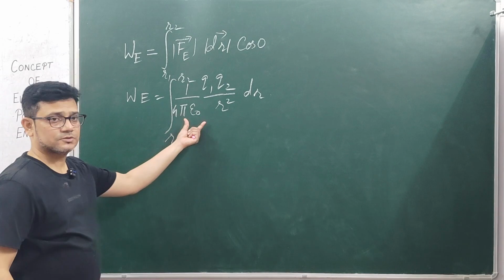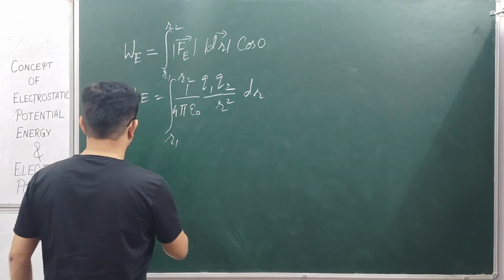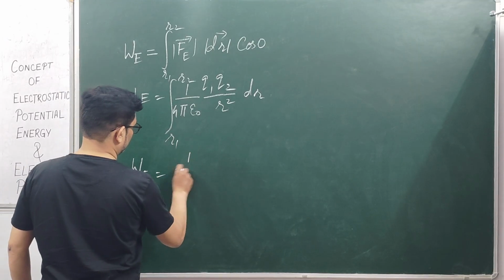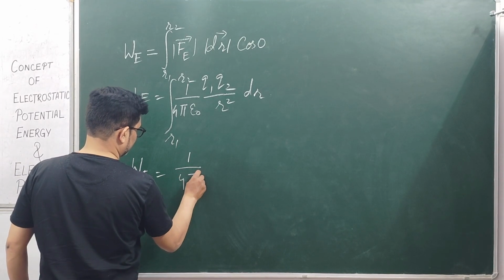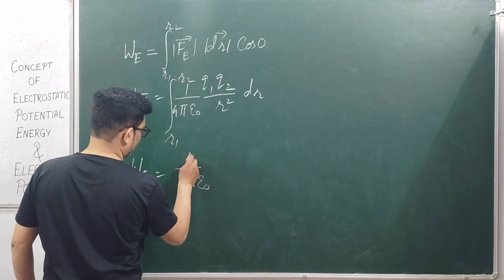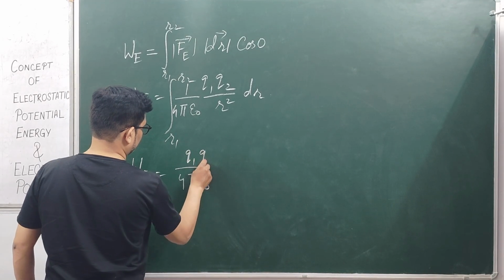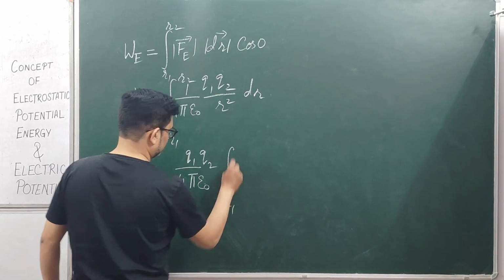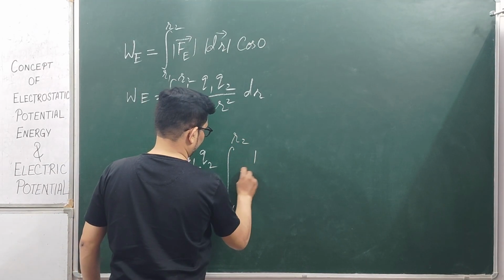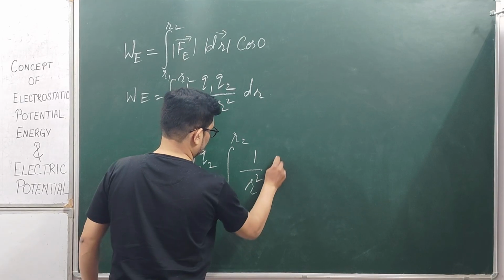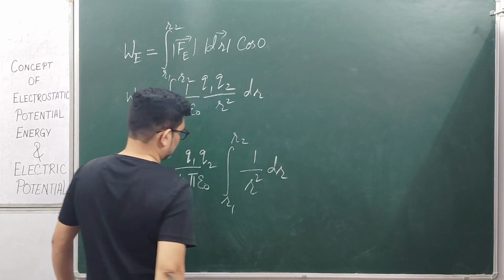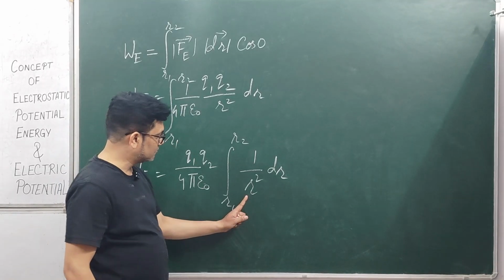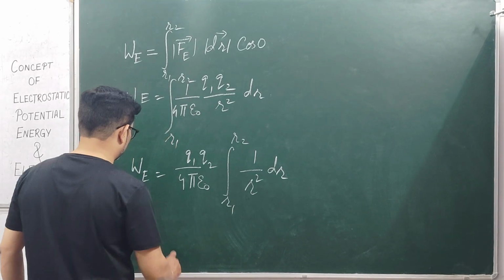Whatever is constant we'll take out of the integral sign, so we'll get work done is equal to 1 over 4 pi epsilon naught, and we'll have q1 q2 also taken out, and then we have here r1 to r2, and we are left with 1 over r squared dr. If we integrate 1 over r squared, we know it's going to be minus 1 by r.